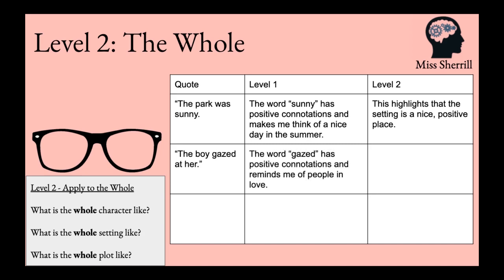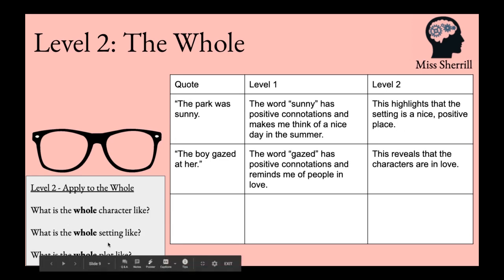The word gazed has positive connotations and reminds me of people in love. This reveals that the characters are in love. So I took the word gazed from this quote in the story and applied it to the character as a whole. I took the word sunny in level 1, saying it has positive connotations, and I applied it to the setting as a whole. See? Character as a whole, setting as a whole.